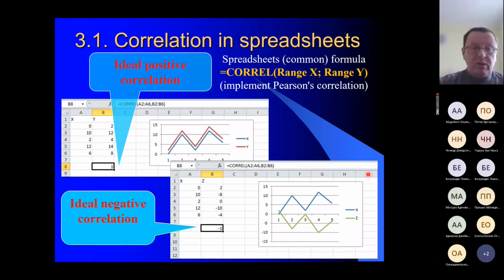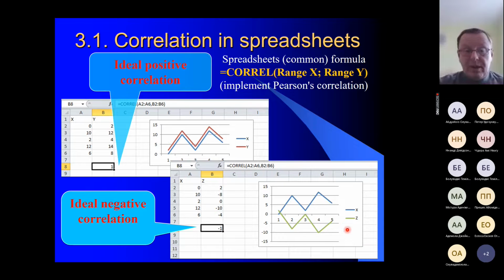If we want to use spreadsheets like Microsoft Excel, LibreOffice, OpenOffice, or Google Spreadsheet, here we have a predefined function which typically implements Pearson correlation only. So you have to be sure that your data is normally distributed. And for example, here is how ideal positive correlation could look in this area, and ideal negative correlation in the right bottom corner.